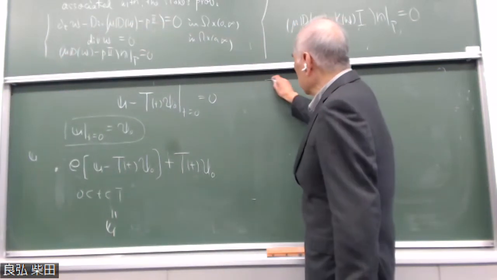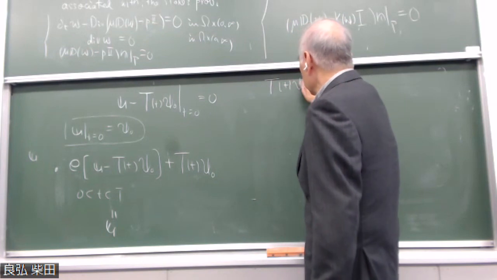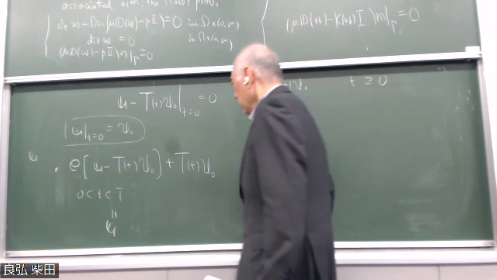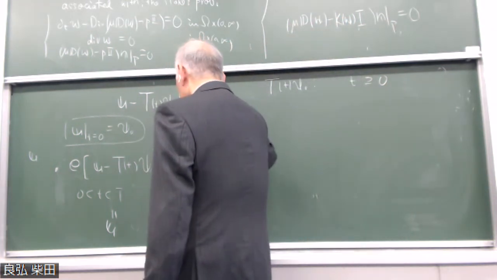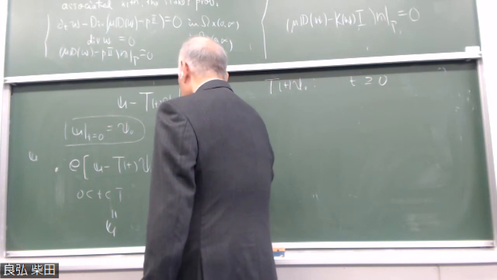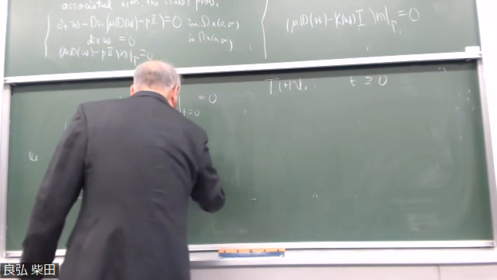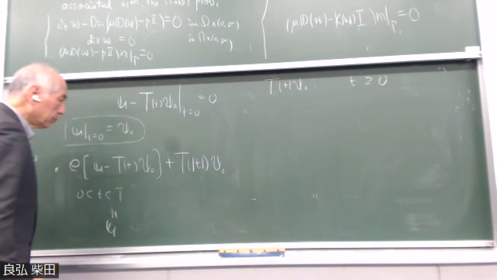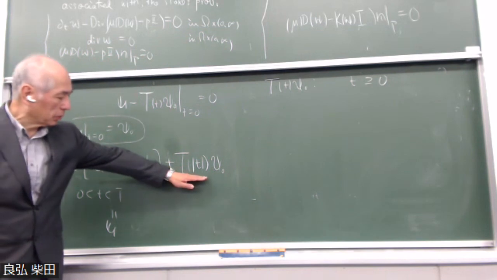But T0 is only defined for T positive. Therefore, instead of T, we consider just the even extension, B0. Even extension.